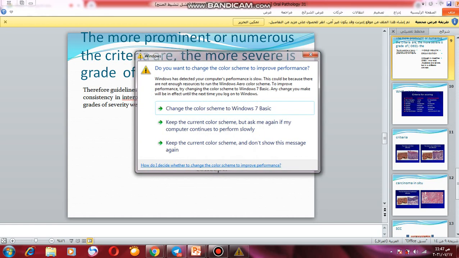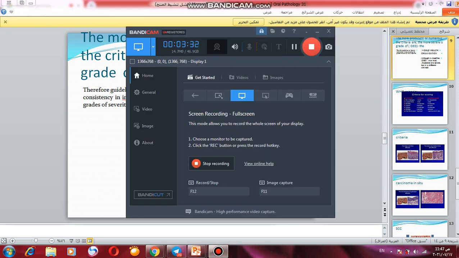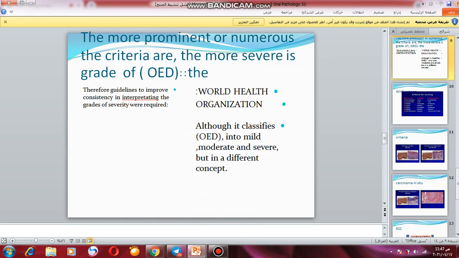Before كانوا يقسمون الأبو الباثولوجي كان ياخذ التشيو الابيثيليوم ويقسمها إلى ثلث الأول ثلث الثاني وثلث الأخير. و if the changes were in the first يعني بالثلث الأول كان يقول mild. Oral epithelial dysplasia is mild. 2/3 moderate. 3/3 a classification يعتبر severe.